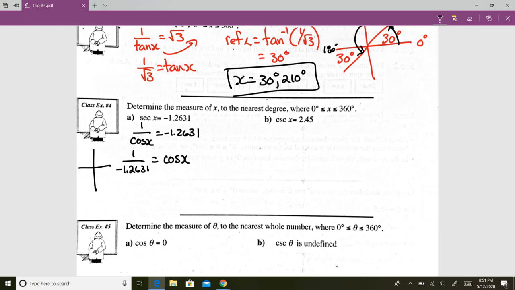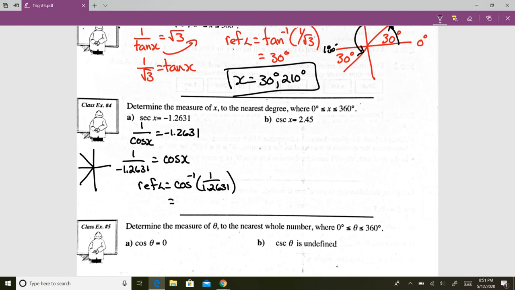Add sugar to coffee. Well, it's positive in the first and the fourth, so it's negative in those two quadrants, 3 and 4. Find your reference angle, which is do the inverse, or the cos to the minus 1 of, remember, do not take the negative, 2631.